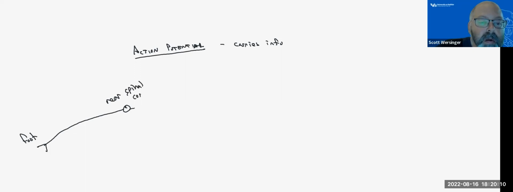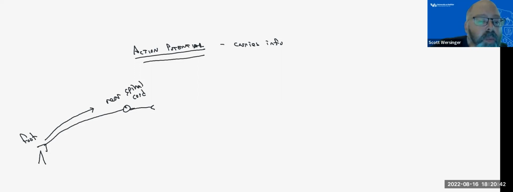That's where the cell body is, and that's going to send information into the dorsal root of the spinal cord. If you step on a nail, that's going to stimulate this. Somehow that message has to get from the sensory receptors up to your spinal cord. And that's going to be done through electrical communication, in this case, the action potentials.